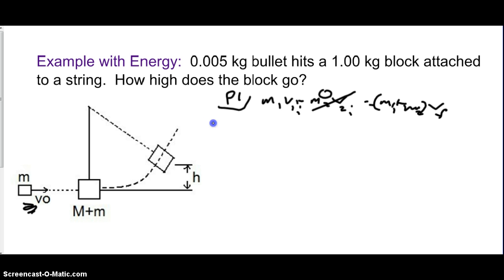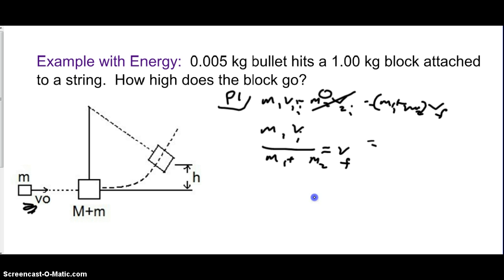And then we're going to solve for this. So we get the mass of the 1, times the velocity initial, over m1 plus m2 equals your final velocity. And if you plug this together, you're going to get your final velocity, using the numbers we provided. Well, you can solve for that.